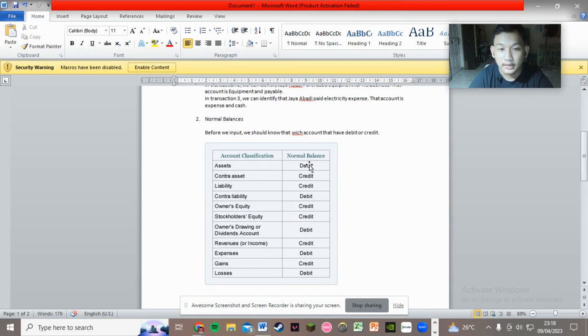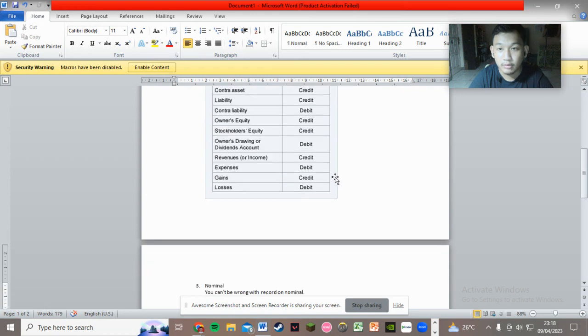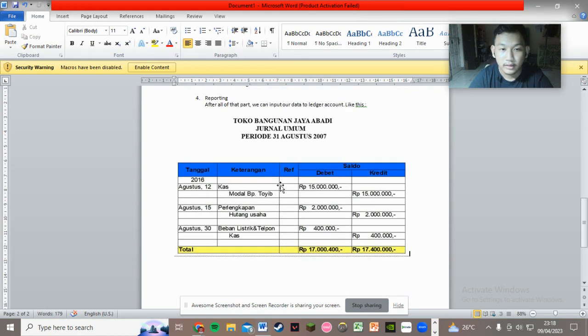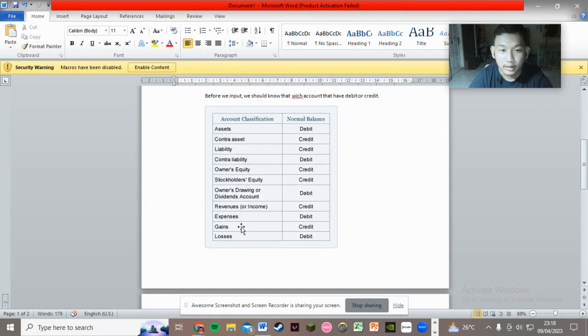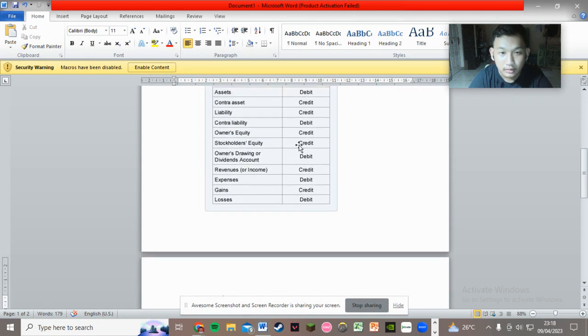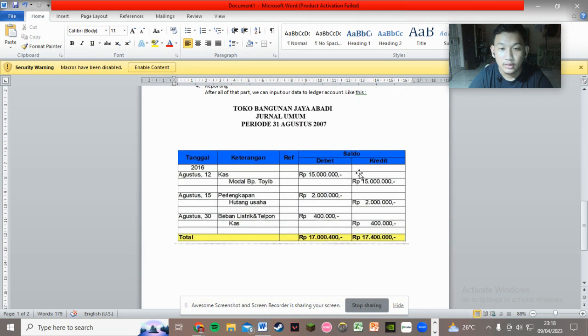So the asset will be reported to debit. Cash will be reported to debit, and capital will increase too. Stockholder's equity, owner's equity, increases in credit, so that will be reported to credit.